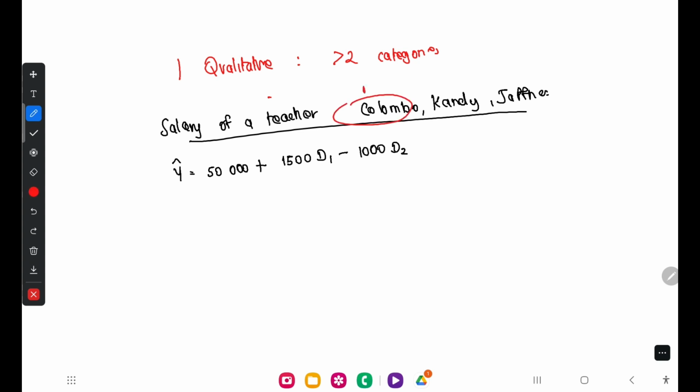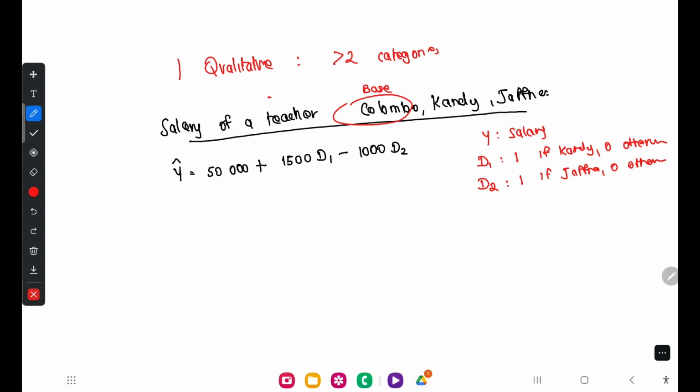Defining my variables, y is the salary. D1, I will put 1 if that person is from Kandy, 0 otherwise. And I will put 1 for D2 if that person is from Jaffna, and 0 otherwise.